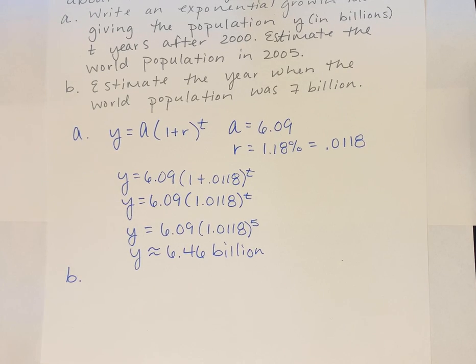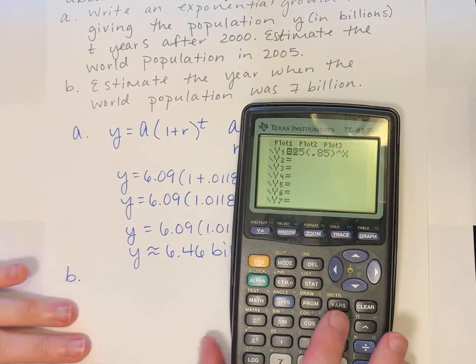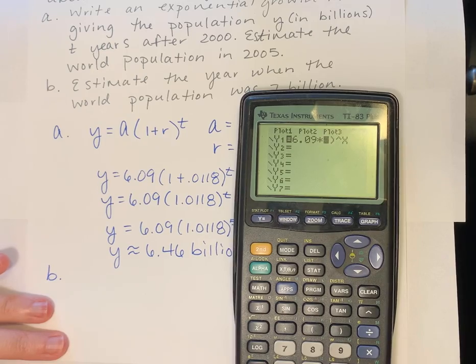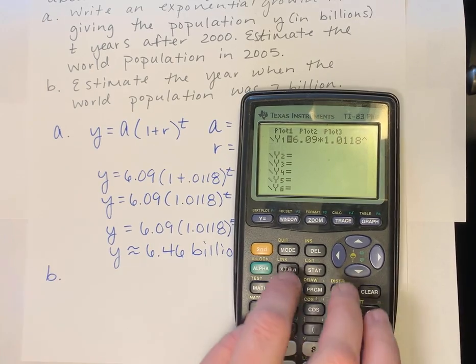Okay, so for part B, we're going to estimate the year when the world population was 7 billion. So we're going to use the table feature for this one. So you're going to go to your y equals 6.09 times 1.0118 caret x.